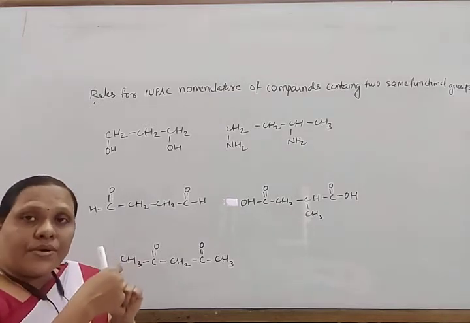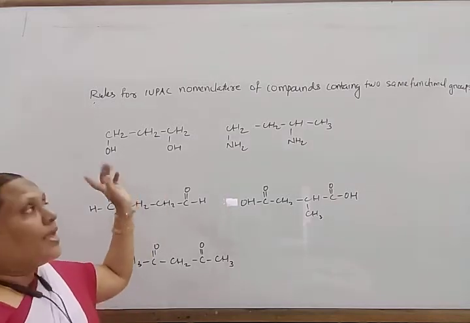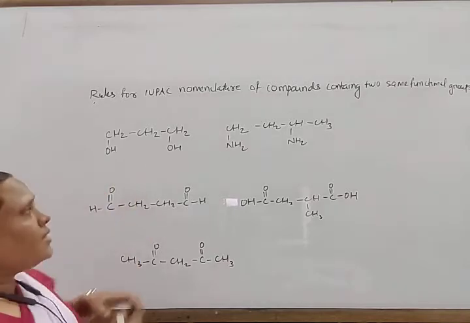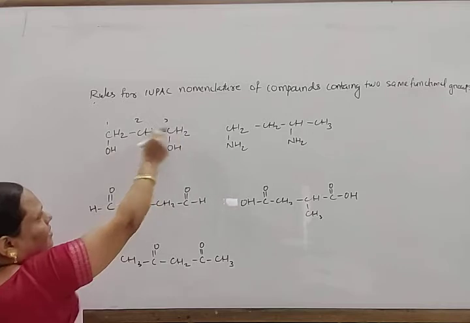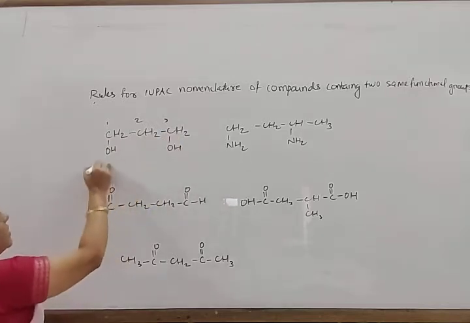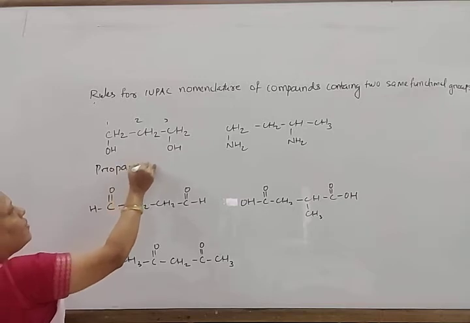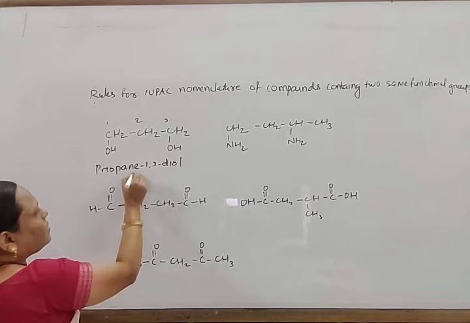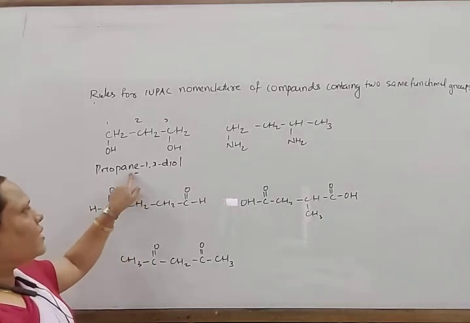And as this is diol, starting with D, the terminal E of ANE should be written. So what is the name of this compound then? If you count 1, 2, 3, both sides are the same. In this way, name of this is propane-1,3-diol. So the E is written. Look here. Propane-1,3-diol.